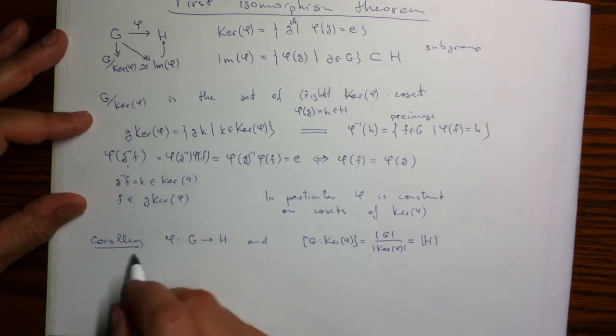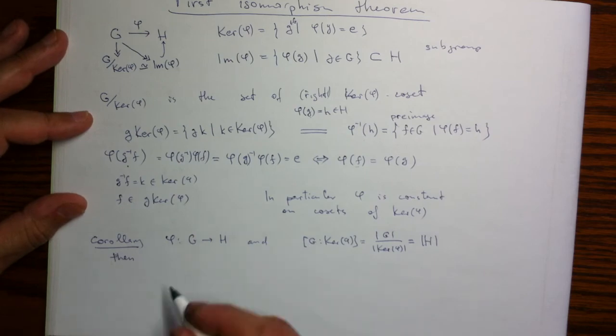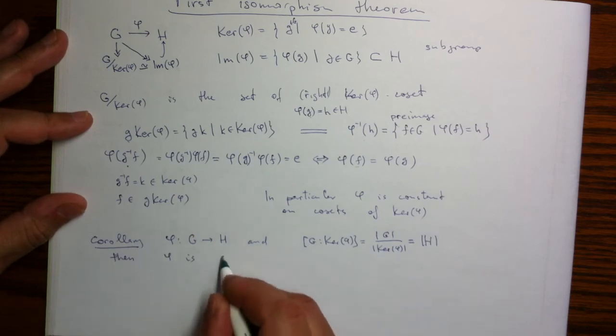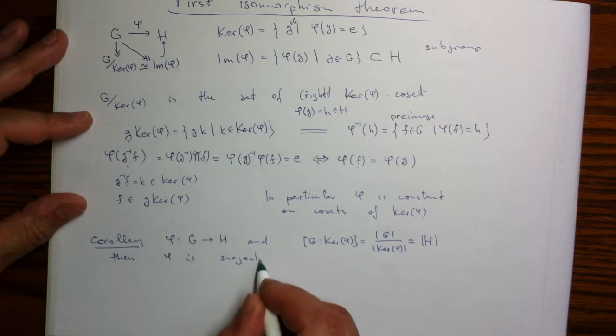So let's assume all that. Then we have a conclusion that phi is surjective. It's onto.